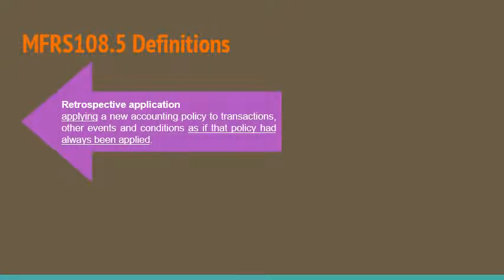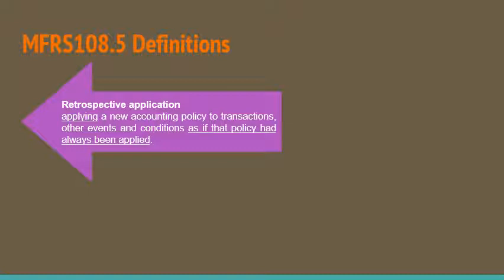First, the retrospective application. The word retrospective means looking back or dealing with past events or situation. It is similar to the term backward-looking or backdated. Here, the standard defined the term retrospective application as applying a new accounting policy to transactions, other events, and conditions as if that policy had always been applied.